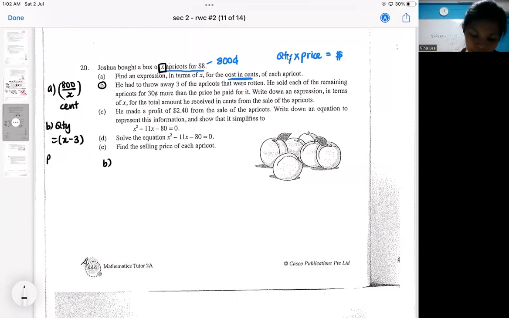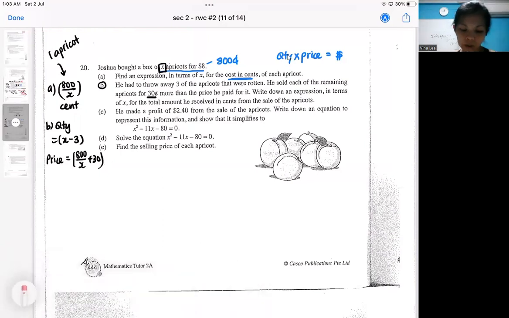And the price that he decided to sell is 30 cents more than what he paid for. He paid this amount for one apricot, so he wants to sell it higher to earn money and also to make up for the ones he threw away. So the price will be 800 over X plus 30.